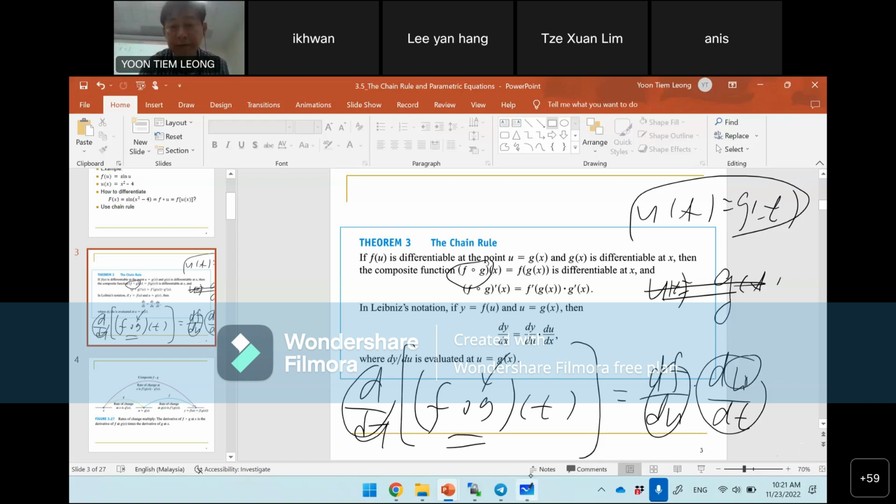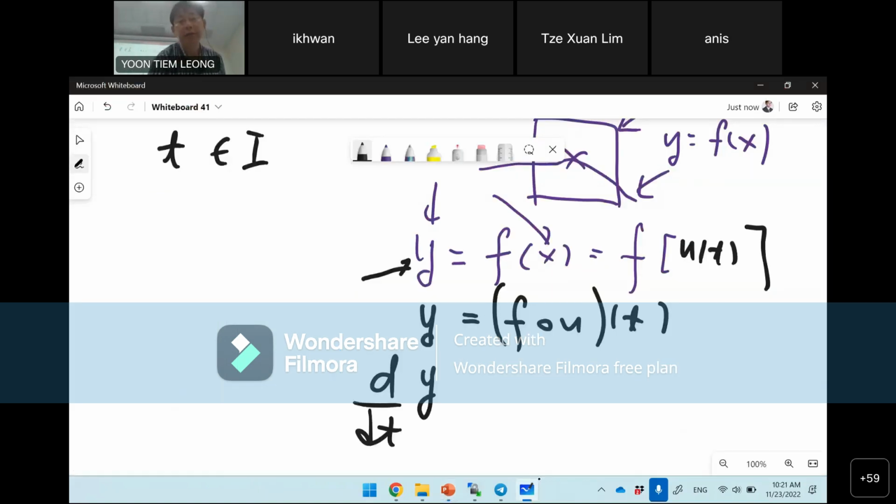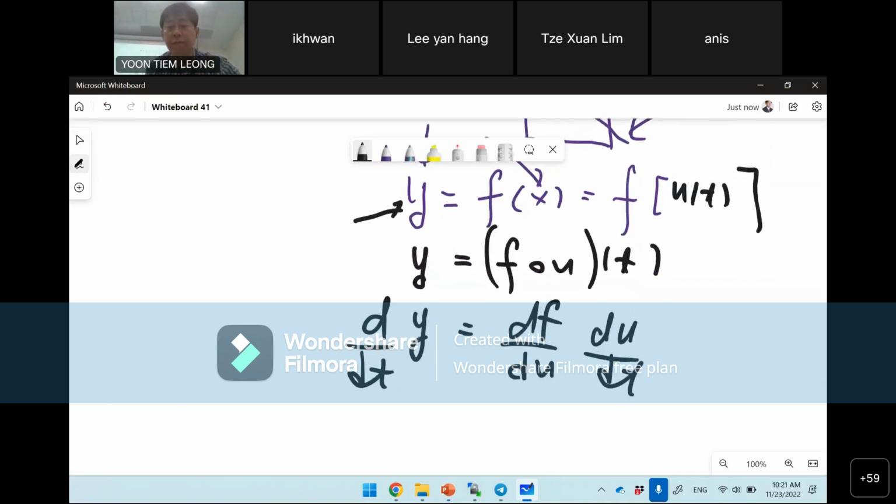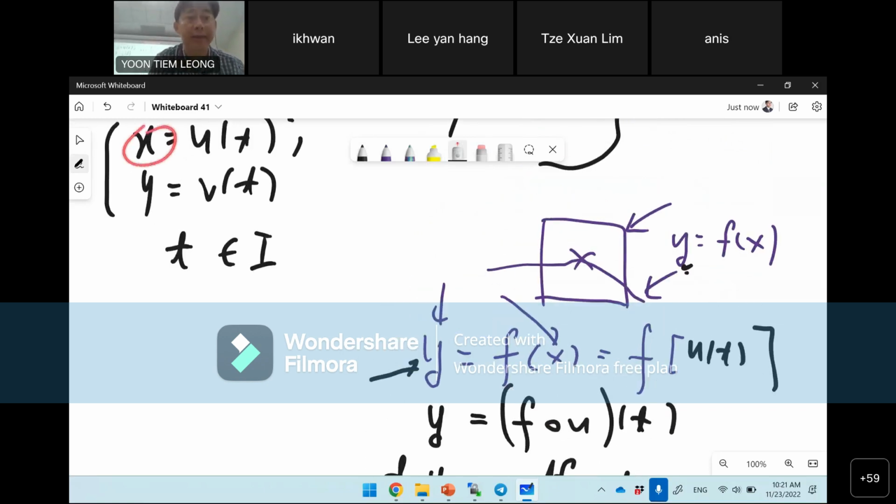So by making use of this composite function, then you can easily write this down to be equal to df du times du dt. Okay, so f here is the function of y. So you can identify f as y and u to be identified as x.